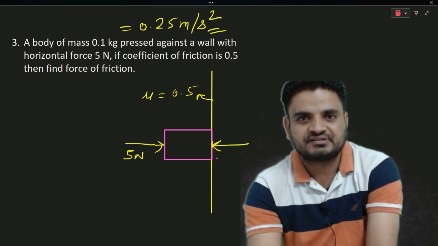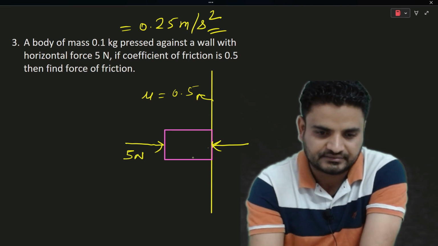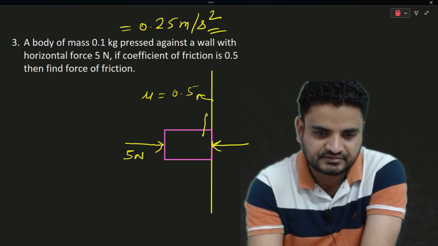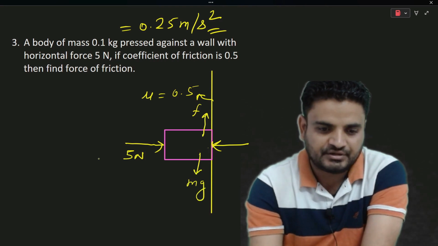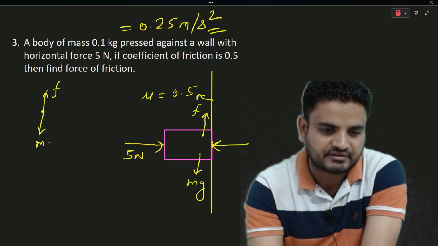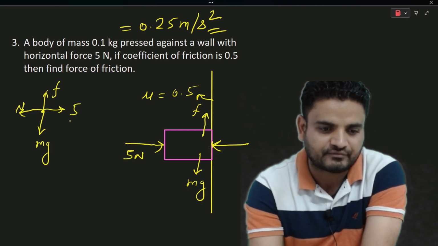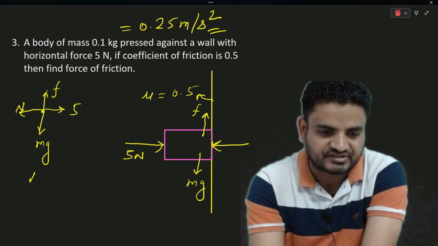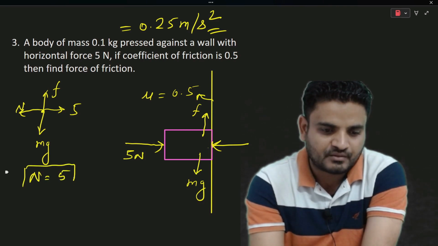Normal always acts perpendicular to the surface. Clear? Friction will act in the backward direction, and mg. So first we will draw the free body diagram. Friction upward, mg downward, in this direction normal, and in this direction the 5 Newton force. So here directly we can say normal equals 5 Newton, and this is also the external force.